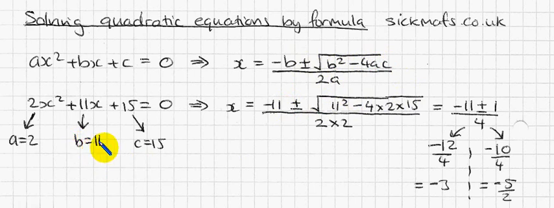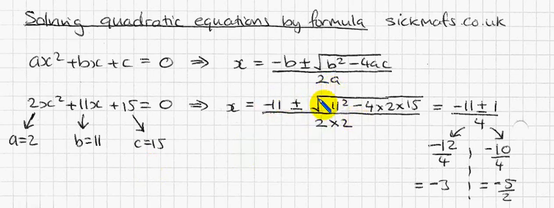Well, b is 11, so I have to write 11 squared, and then I have to say minus 4 times a times c. Well, a is 2, and c is 15, so I've got minus 4 times 2 times 15. And then I have to divide by 2a. Well, as I said, a is 2, right? So 2a is going to be 2 times 2.